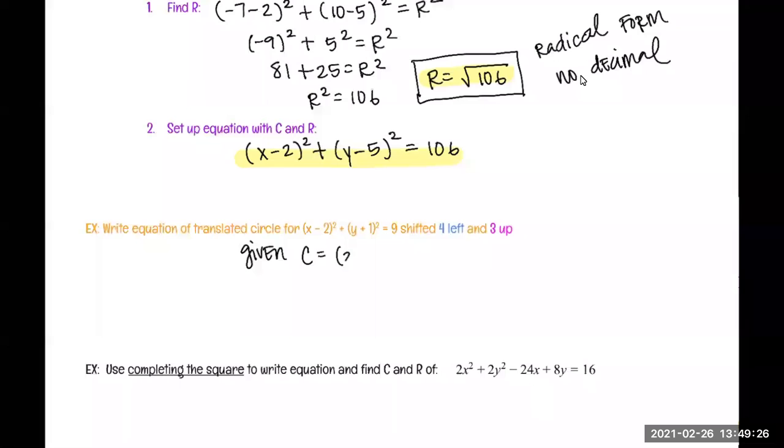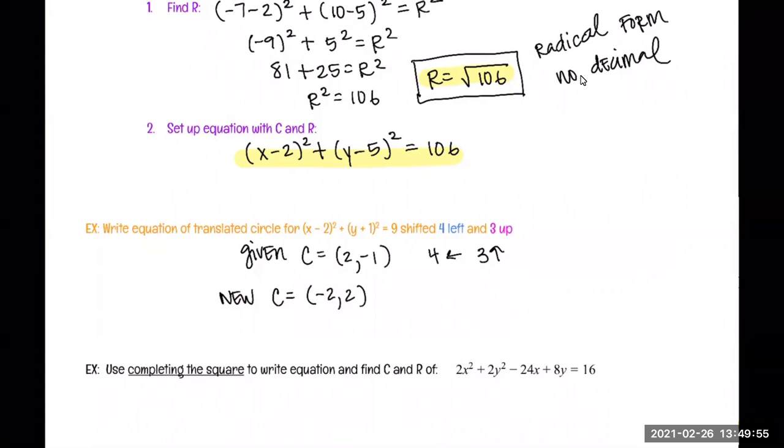So my h is the 2 and my k is the -1. So if my center is at 2, -1, and I shifted it 4 to the left and 3 up, that means that I'll be subtracting 4 on my x value and adding 3 on my y value. Right, so my new center is going to be at -2, +2.